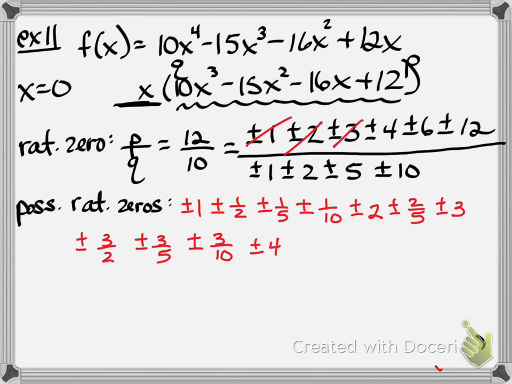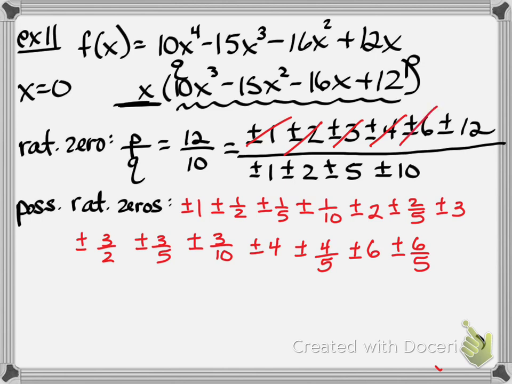4 over 1, 4 over 2, which is 2, 4 over 3, I'm sorry, not 3. Goodness. 4 over 5, and 4 over 10, which is 2/5, and we already have it. 6, we'd have 6 over 1, 6 over 2, which is 3, 6 over 5, 6 over 10, which is 3/5.